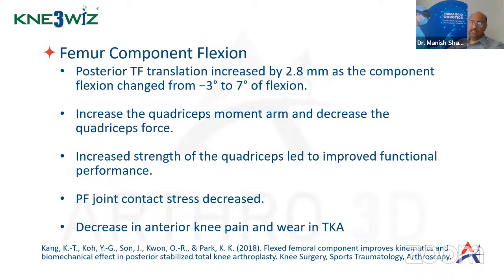The posterior tibiofemoral translation, or the rollback, increased by 2.8 mm as the component was flexed from 3 degrees of extension to 7 degrees of flexion. It increases the quadriceps moment arm and decreases the quadriceps force. It also decreases the patellofemoral contact stress.